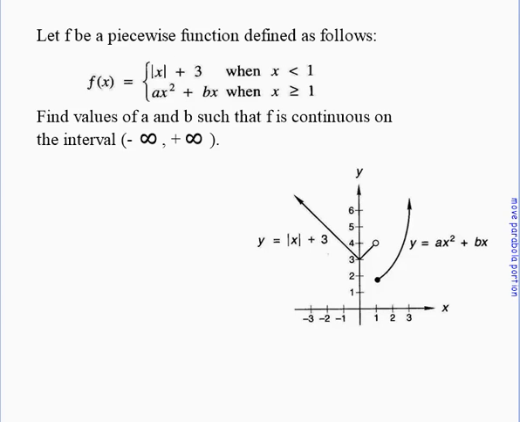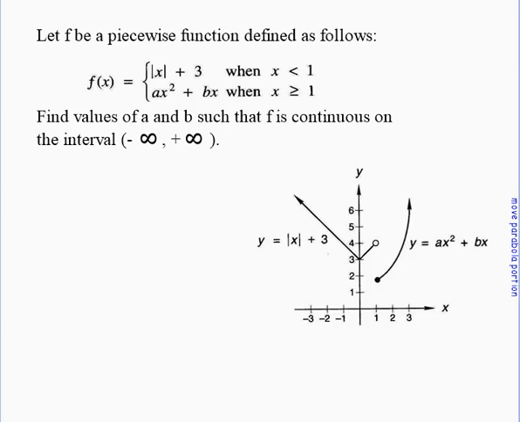Here's a couple questions, these next two examples, that are interesting to work through. Let f be a piecewise function defined as follows. The function will equal the absolute value of x plus 3 when x is less than 1, and then this generic parabola, ax squared plus bx, when x is greater than or equal to 1.